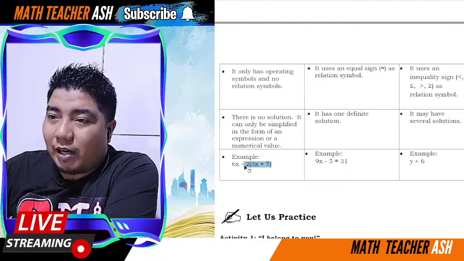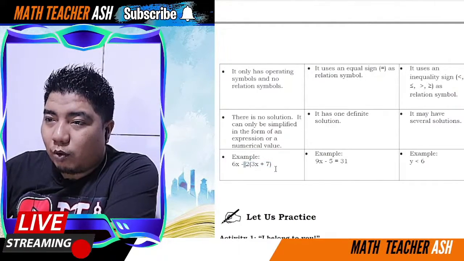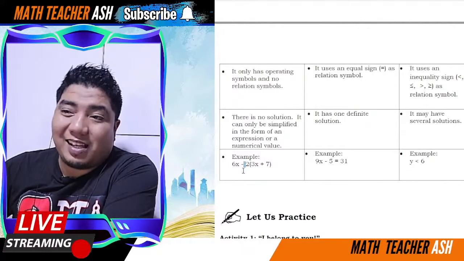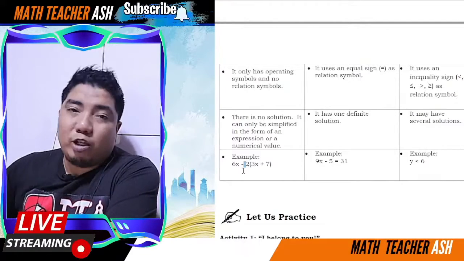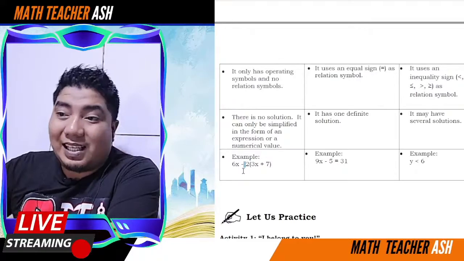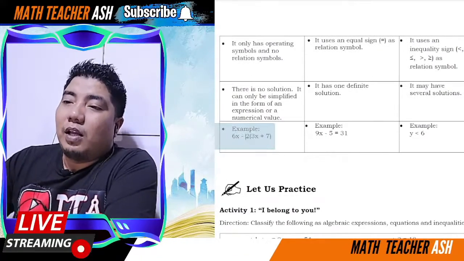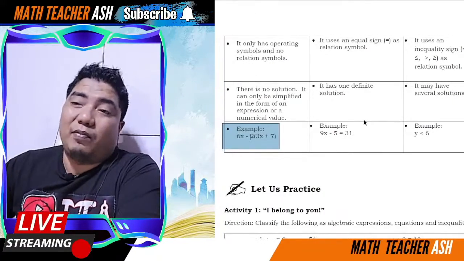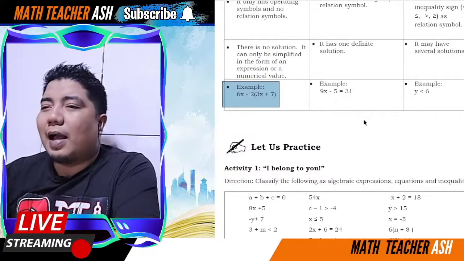Then 2 times 7 or negative 2 times 7, that is negative 14. So 6x minus 6x minus 14. So 6x minus 6x, that is 0. So 0 minus 14 is negative 14. Okay, so the simplified form for this one is negative 14. Okay, napakadali lang, my dear math learners.